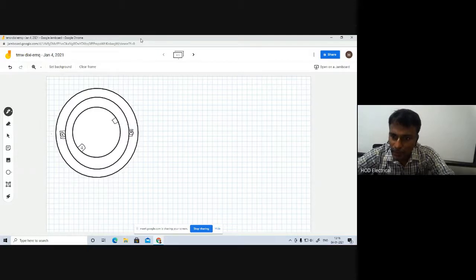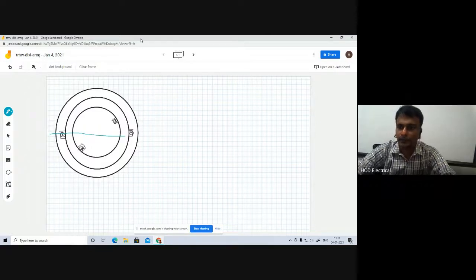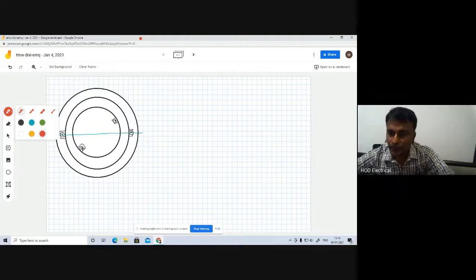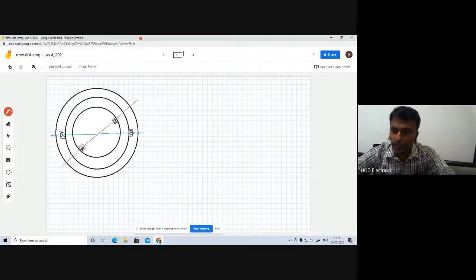Here also current is entering and current is leaving. So now this is the reference of the rotor axis. Then this is the reference of the stator axis, and this is the reference of the rotor axis.